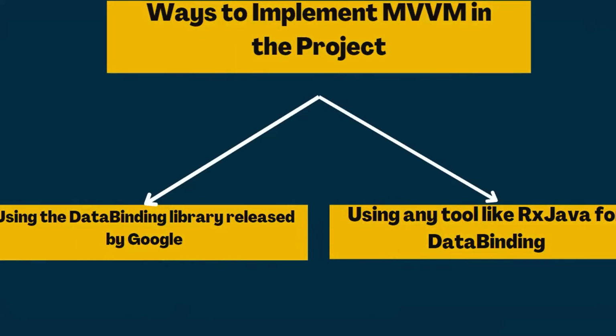It's a library which Google developed for this purpose only, which we'll be implementing in this project. So this is it for the theory portion of MVVM. If you guys have any doubt, you can ask. Anyone?